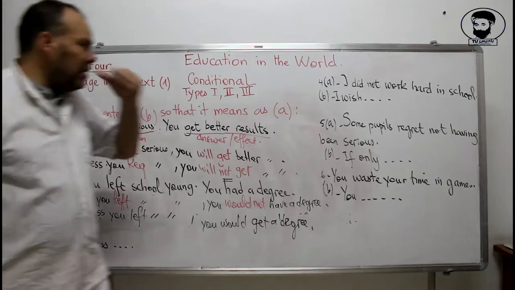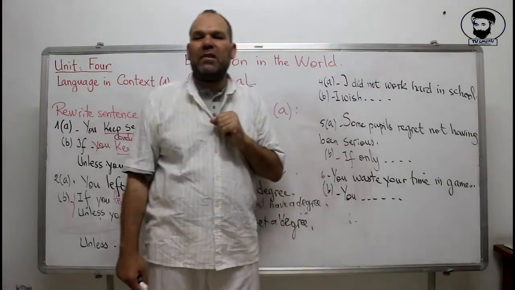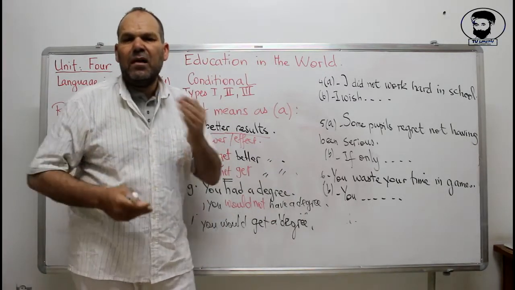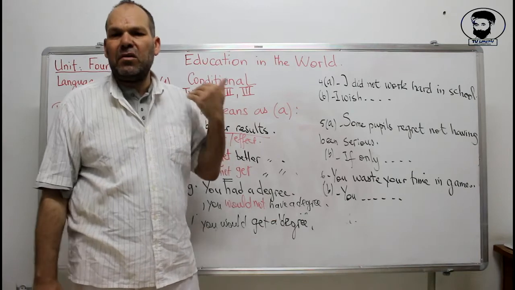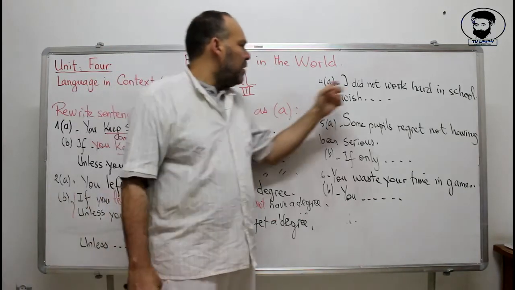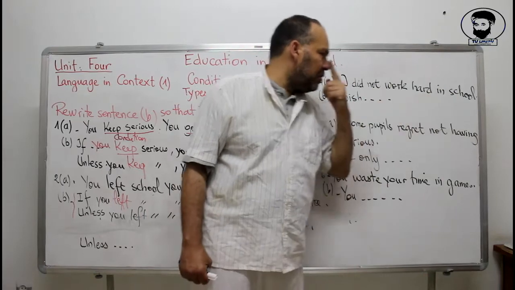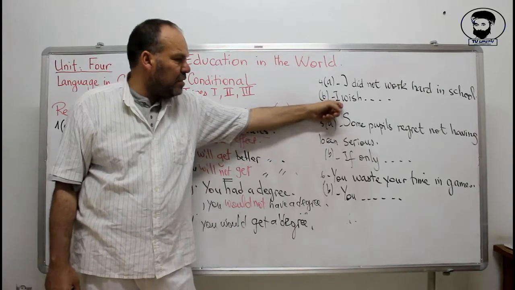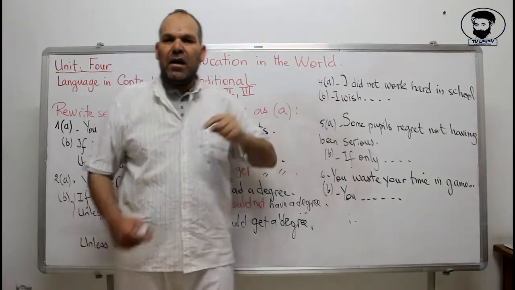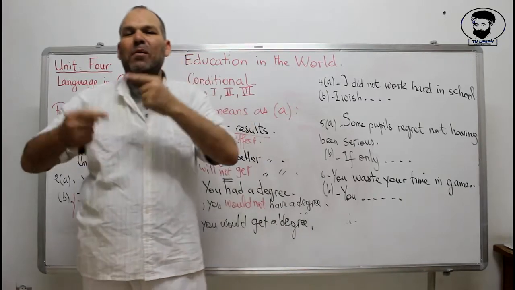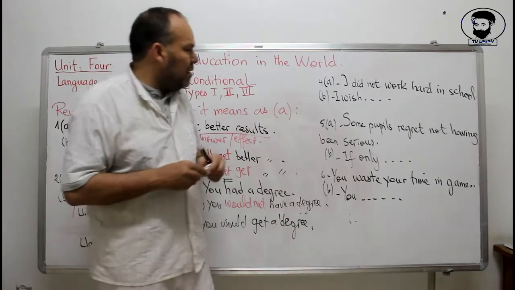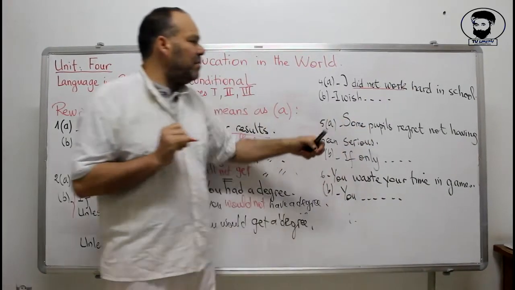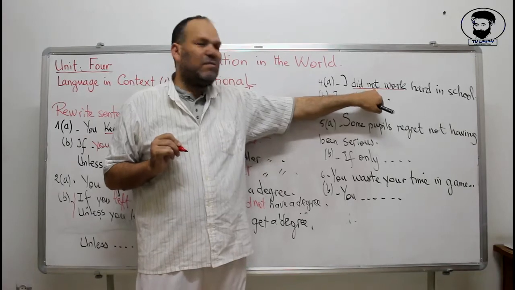Now, let's see another revision of some of the things we have seen during the previous units. Because in the whole unit of education, you are revising what we have seen during the previous units. Now, I did not work hard in school. I wish. So remember we said that wish is regret. It means I regret. And when you regret, you wish the opposite of what you did. Now, the verb here, I did not work, is a verb in the simple past, and it's in the negative form.